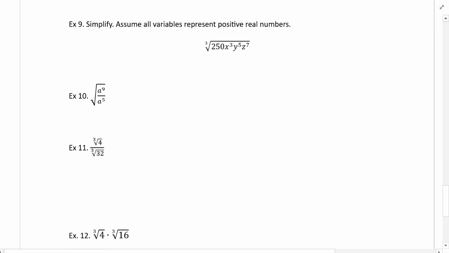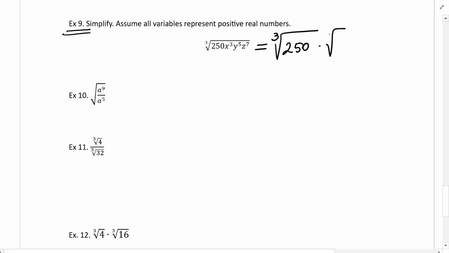Let's look at this one. Simplify example 9. Assume all variables represent positive numbers, so we don't worry about absolute value. Now, it's cube root, so I'm going to separate this cube root into more radicals. So cube root of 250 times cube root of x to the third times cube root of y to the fifth.